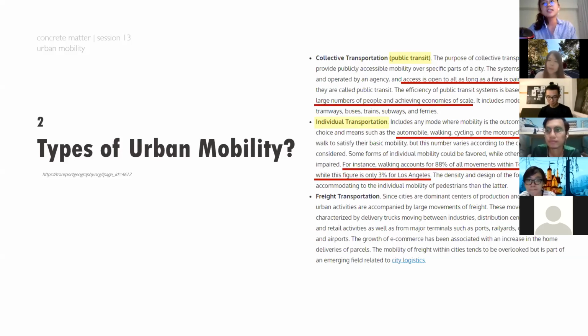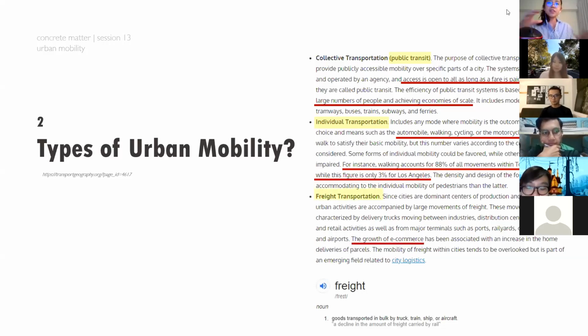This is different from city to city. Walking, for example, is 88% of all movement in Japan, whereas this figure is only 3% in Los Angeles. They favor cars more. And then in some urban settings, freight transportation is a big thing because they are cities of production and consumption.